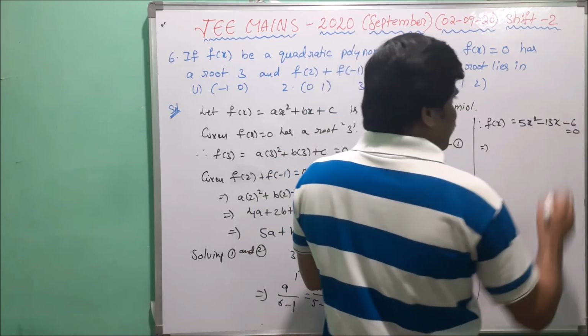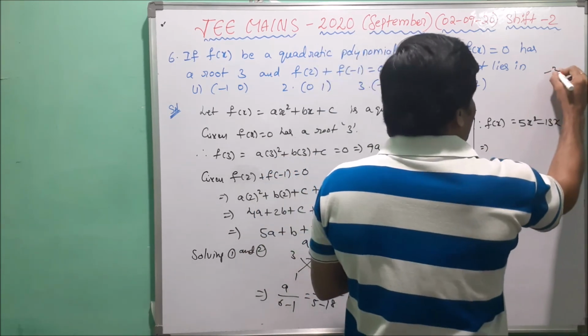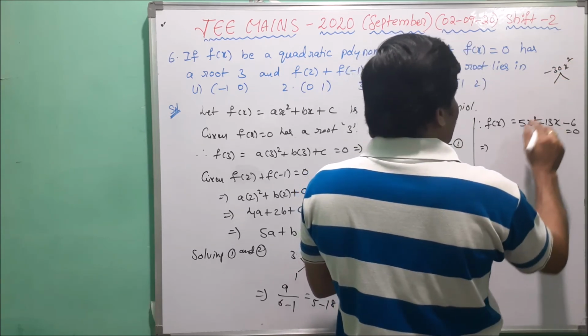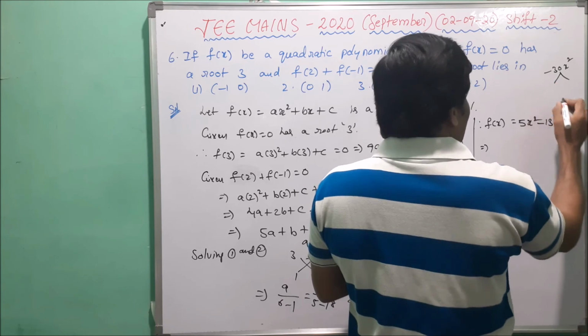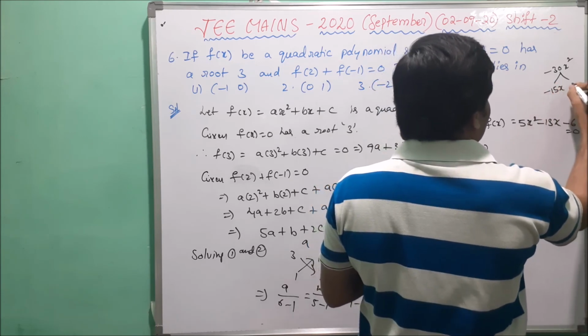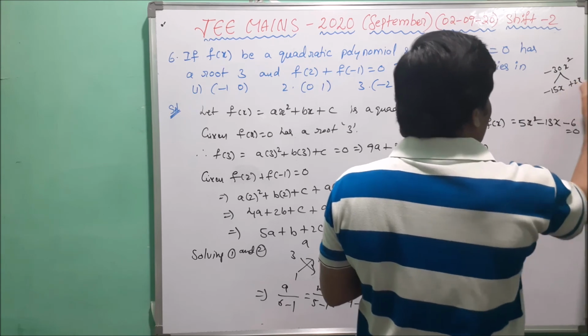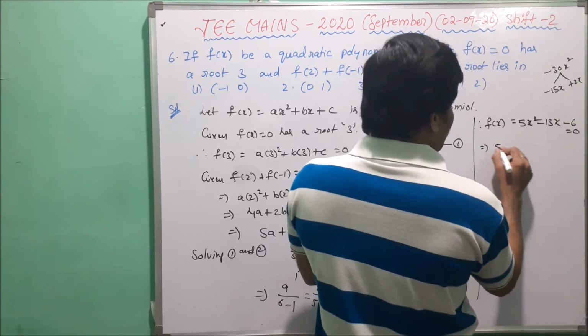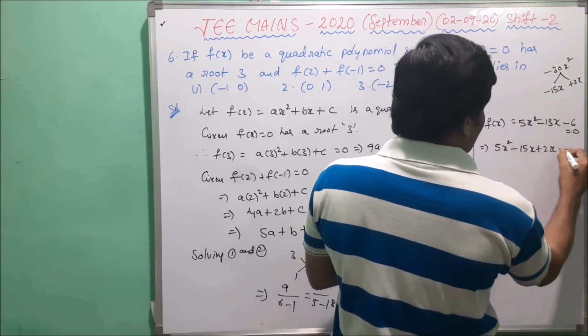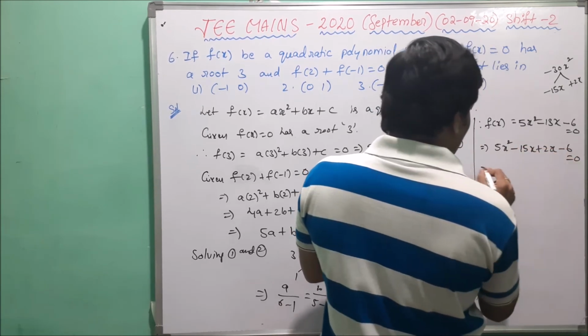Here 5 into 6 is minus 30, so minus 30 x square. Now it can be separated. The factors are 15 and 2, whose product is 30. Here we take minus 15x plus 2x. So we write 5x square minus 15x plus 2x minus 6 equal to 0.